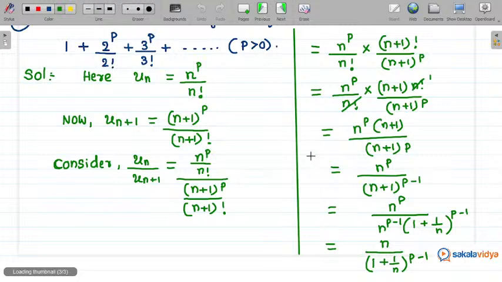So, what is un by un plus 1? n divided by 1 plus 1 by n whole to the power of p minus 1.